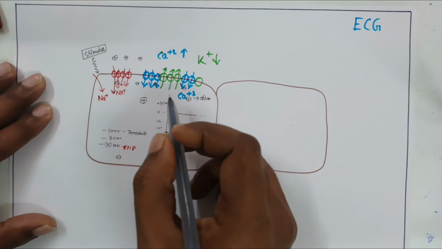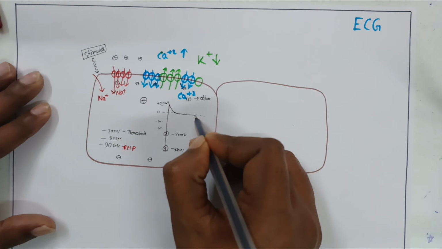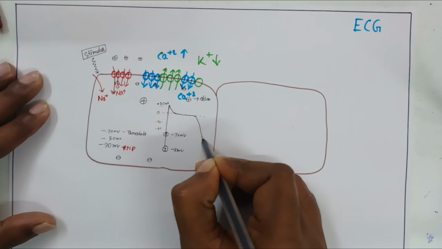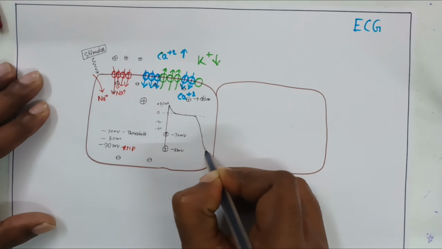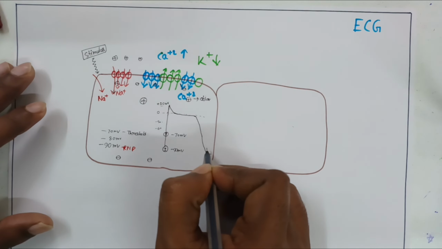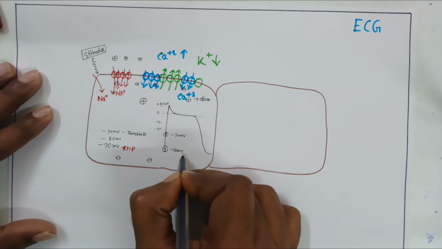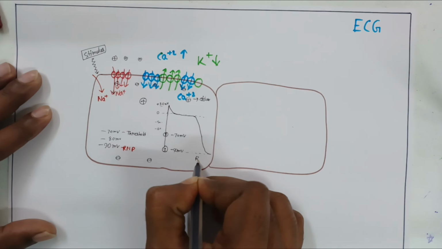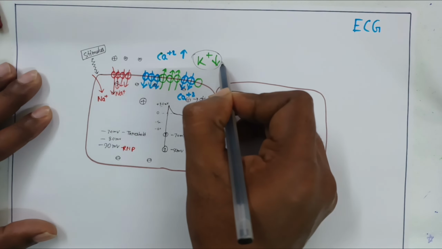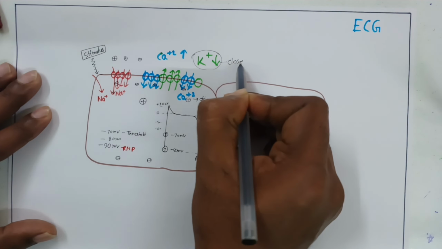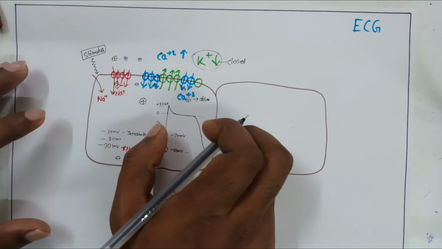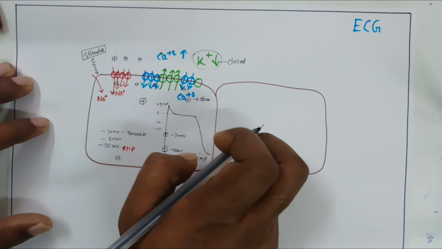As the potassium channels are still open, the membrane potential decreases until it reaches the resting membrane potential. When the membrane potential reaches minus 90 millivolt, that means the resting membrane potential, the potassium channels now get closed. So this is the process of generation of action potential.